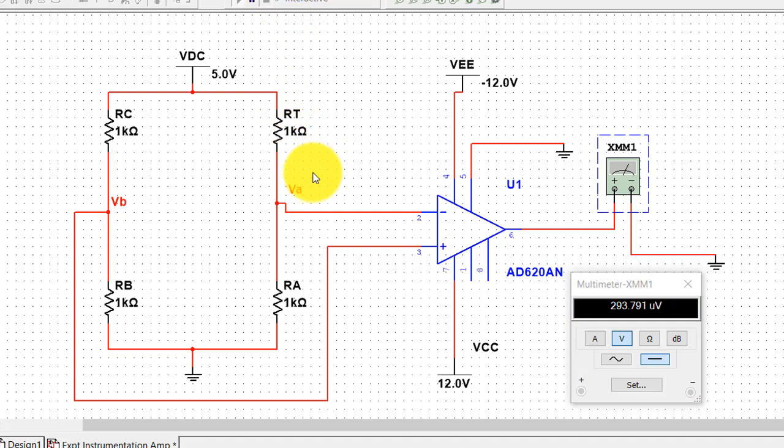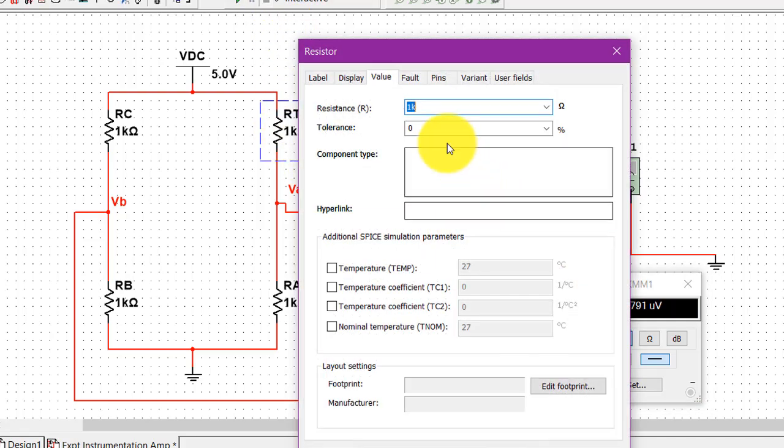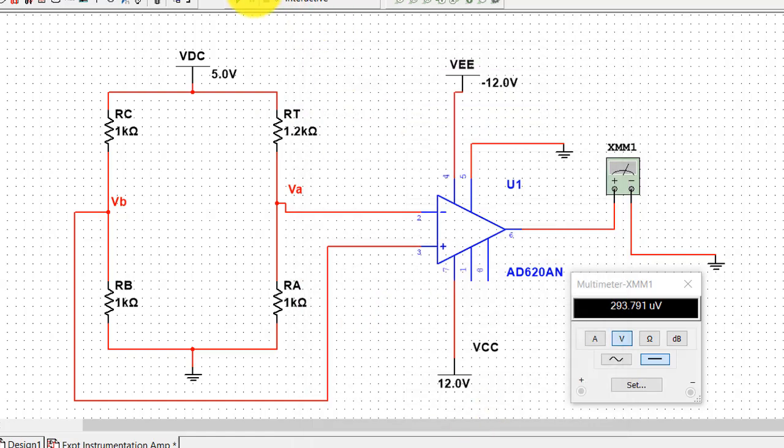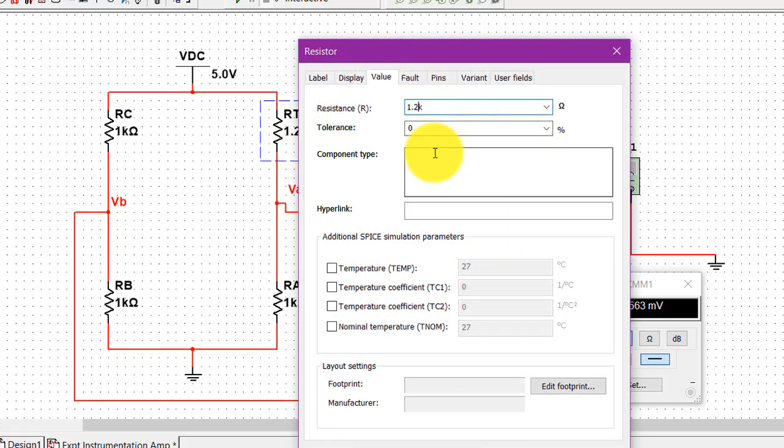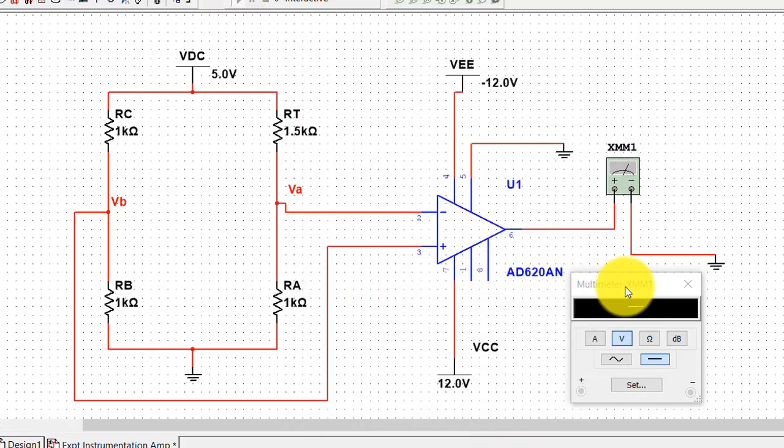Now one by one we can change the resistance. So I just stop the simulation and change the value of it. So it is 1.2. Again you can simulate it. Okay, so for 1.2 we get the output voltage as 227.56 millivolt. So we can again change the value to 1.5. The output voltage will be increased. Again run the simulation. So you can see now we are having 500.28 millivolt as an output.